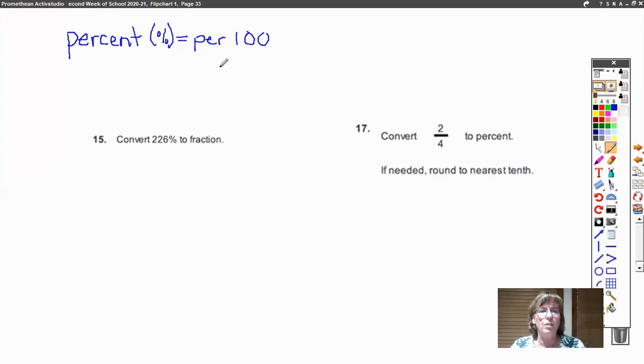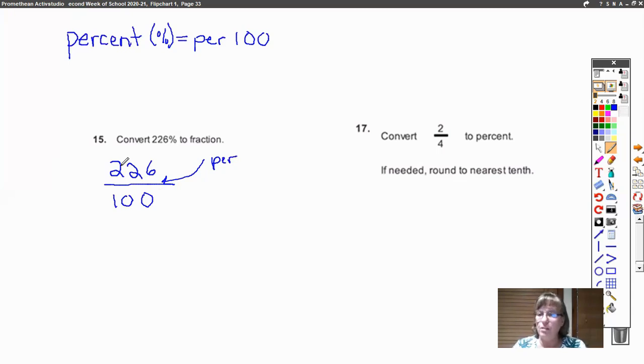So all we do is convert this into a fraction. The fraction line just means per, and then 100. So it looks like this, 226 over 100. Now we have to make sure that it's a proper fraction.